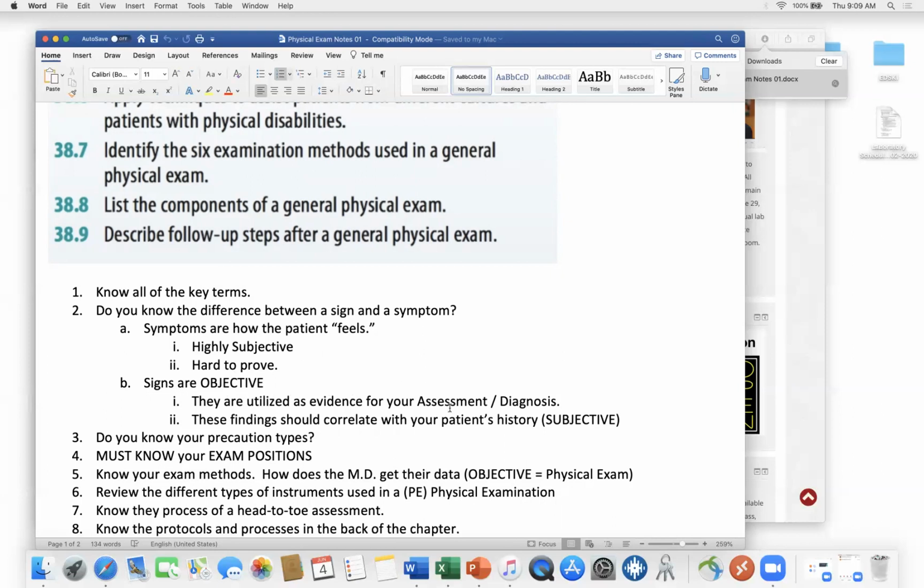Now, the first part of the physical examination, depending on what book you talk about, but for me, is the vital signs, which we'll be going over in class. Look up your normal vital signs if you don't know them for a typical patient. A typical patient in medicine is a 70-kilogram male.